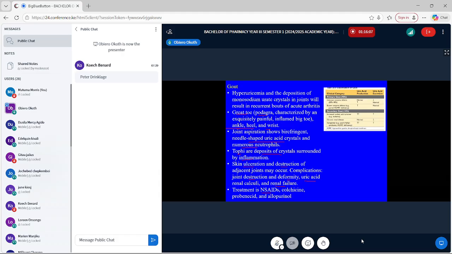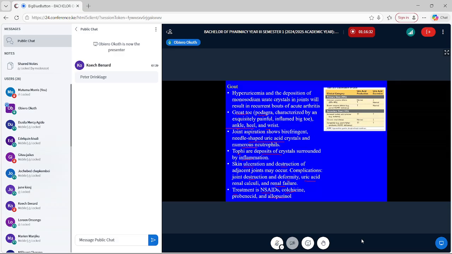Colchicine is a drug that prevents microtubule assembly. So it prevents microtubule assembly. These two are what we call uricosuric drugs. Uricosuric. Sorry, I'm confusing you.